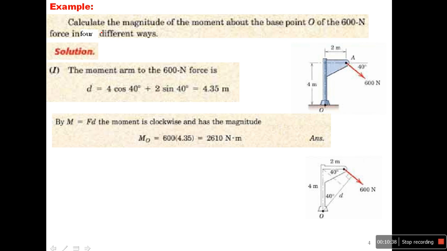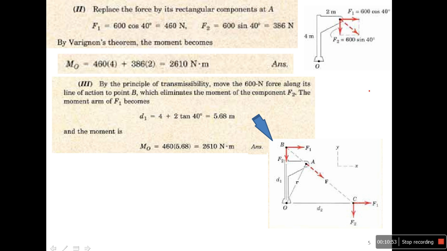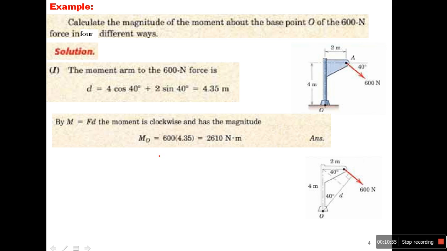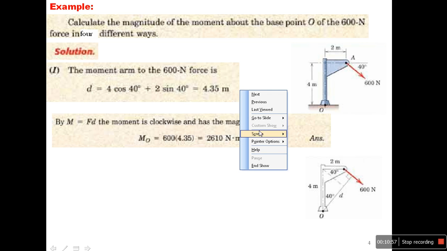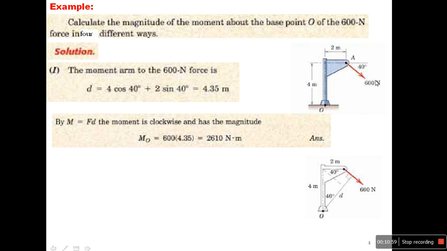Example: calculate the magnitude of the moment about point O of the force 600 Newton. So I have 600 Newton here, and we need to calculate the moment of this force about O in four different ways.